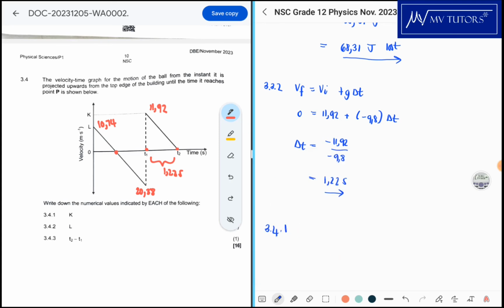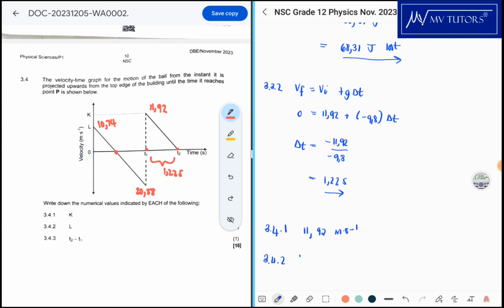So 3.4.1, that's K, and that value is 11.92 meters per second. That was given to us. Then 3.4.2, that is L, so that's 10.74 meters per second. That's what we calculated.